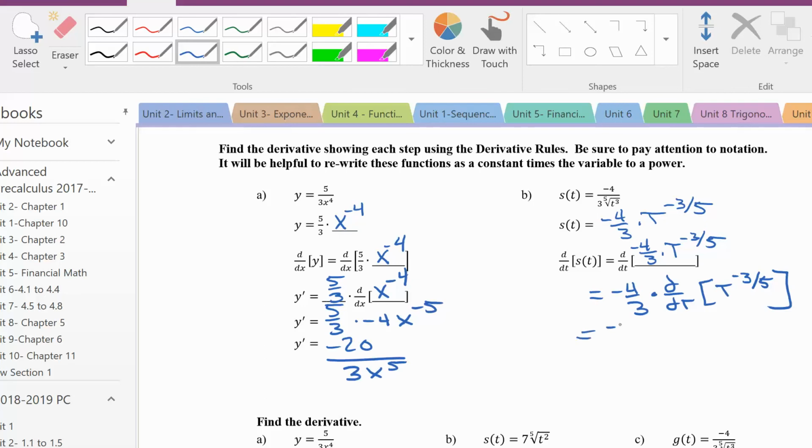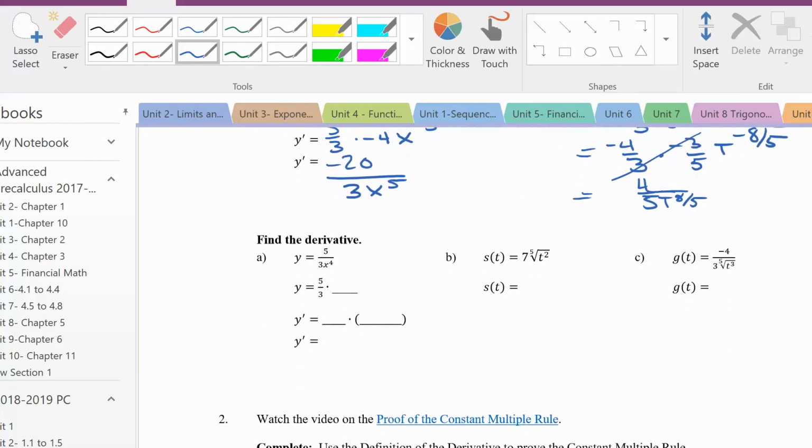And that is negative 4/3 times negative 3/5 times t to the negative 8/5 when you subtract 1. So notice the 3's here cancel. So you have 4/5. Actually, you have 4 over 5t to the 8/5 is your final answer.